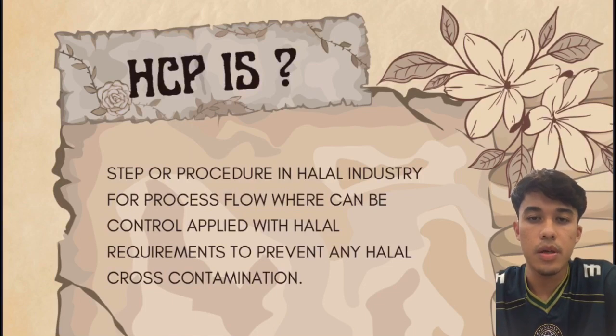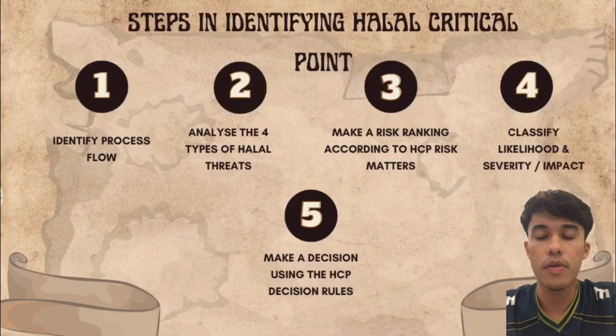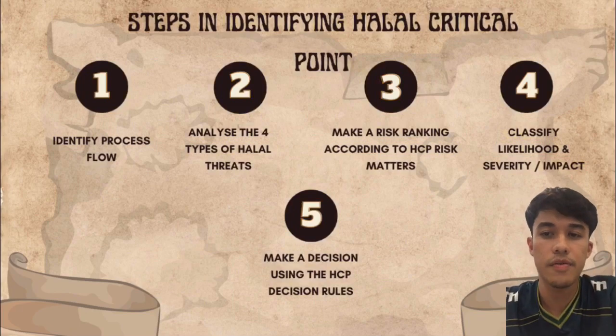So firstly, what is HCP? The HCP, or halal control point, is a step or procedure in the halal industry's process flow where it can be controlled and applied with halal requirements to prevent any halal cross contamination in food products. The steps to identify the halal critical point are: number 1, identify the process flow.